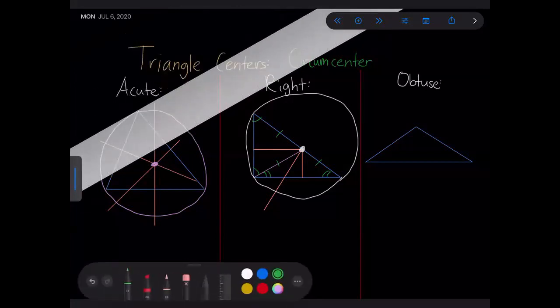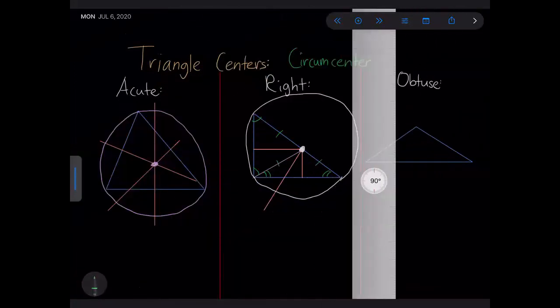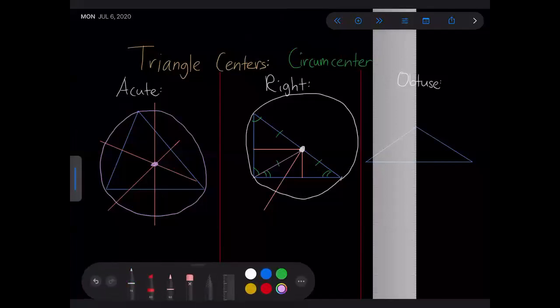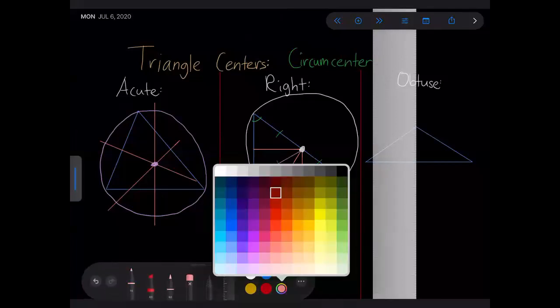For an obtuse triangle, this is not the case. This is a very different case.